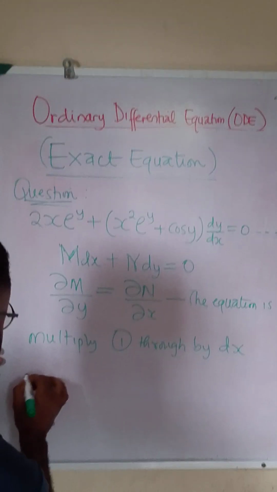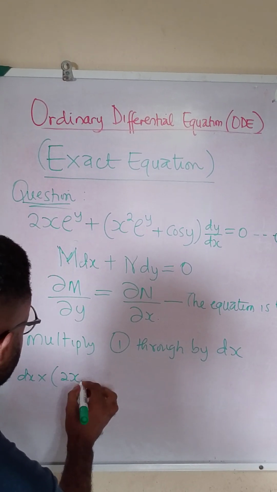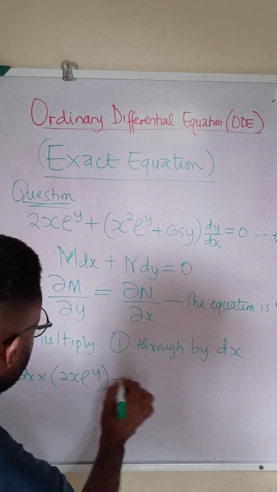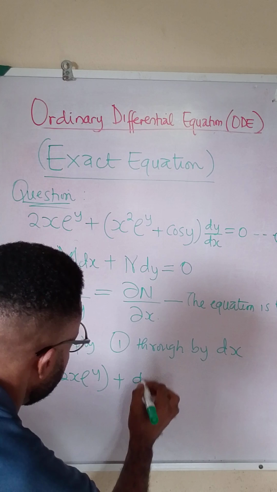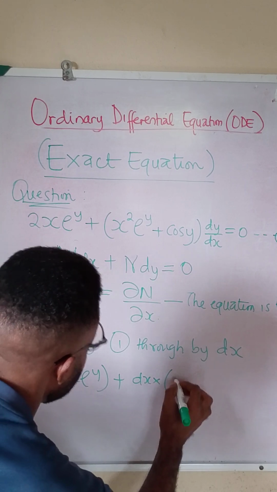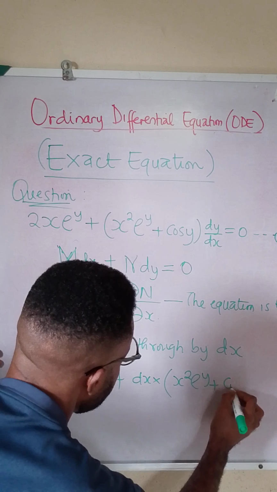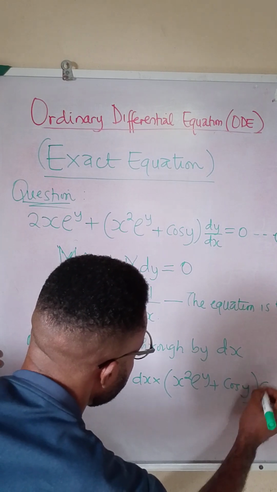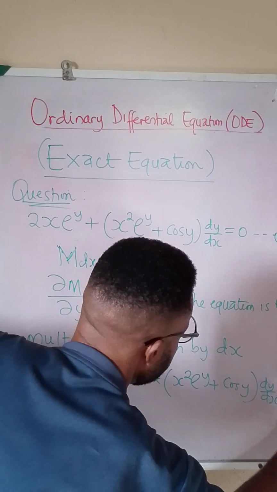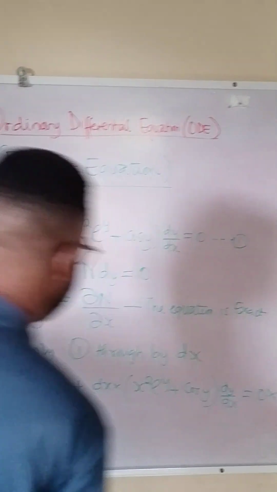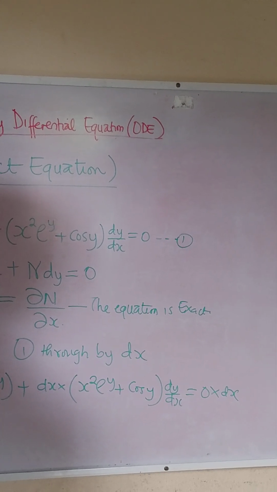So this will be x times 2x exponent y plus x times x squared exponent y plus cos y dy over x, equal to 0 times x. So we've gotten to this point.